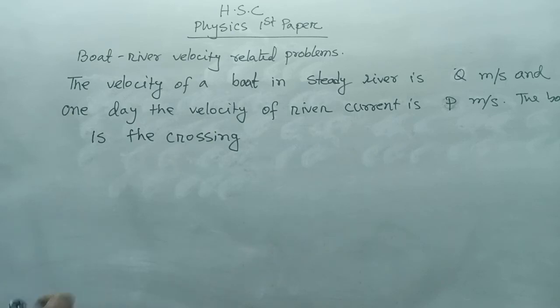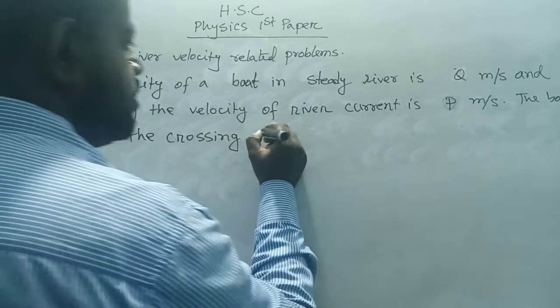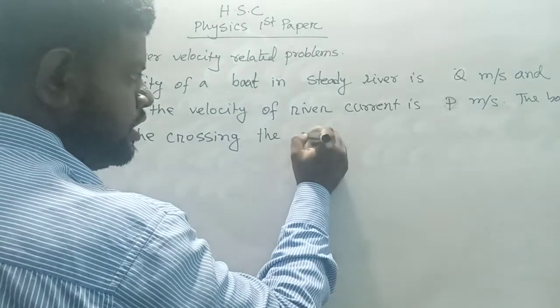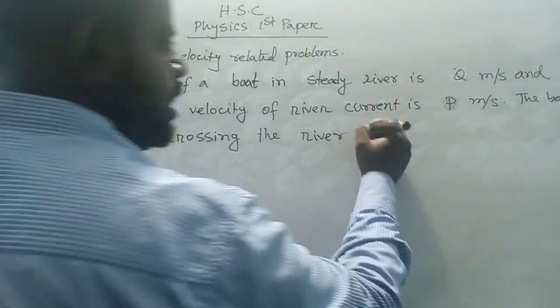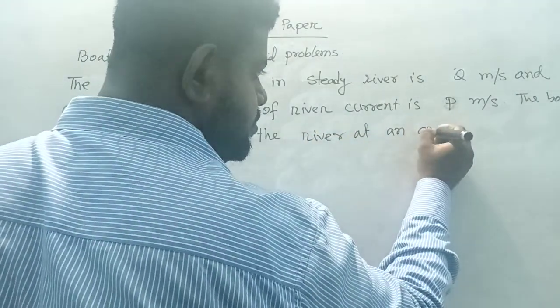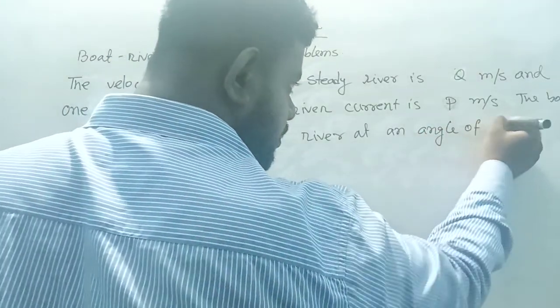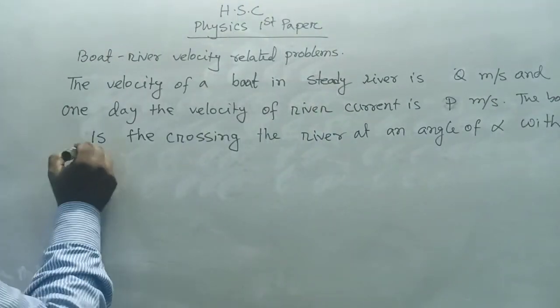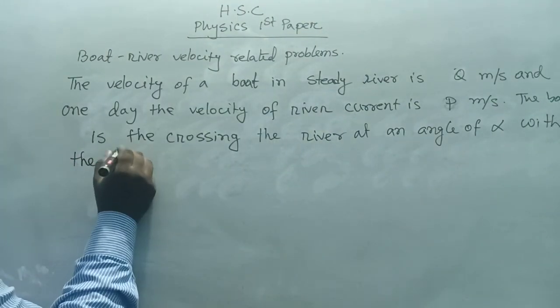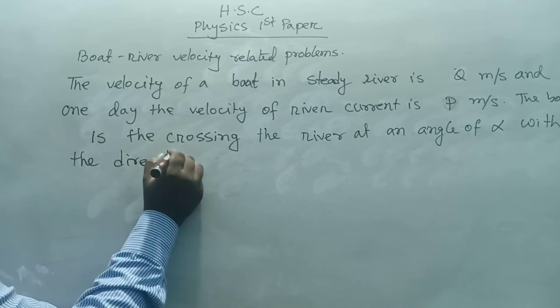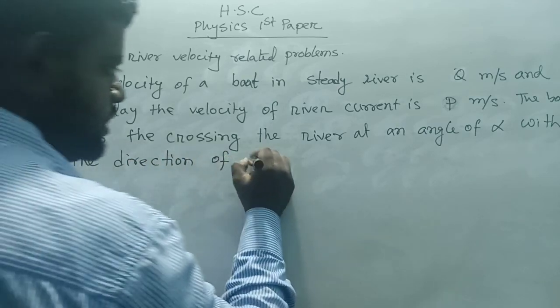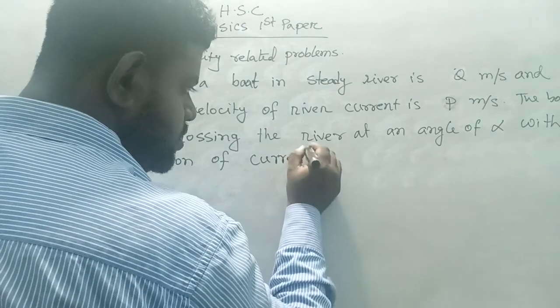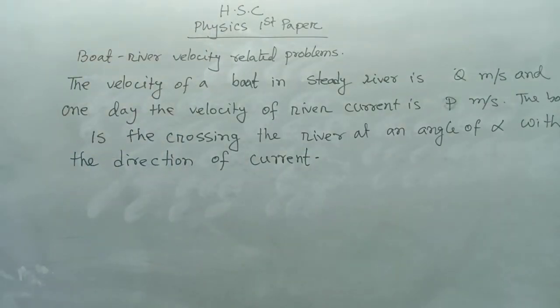The boat is crossing the river at an angle of alpha with the direction of current. Okay? Fine.